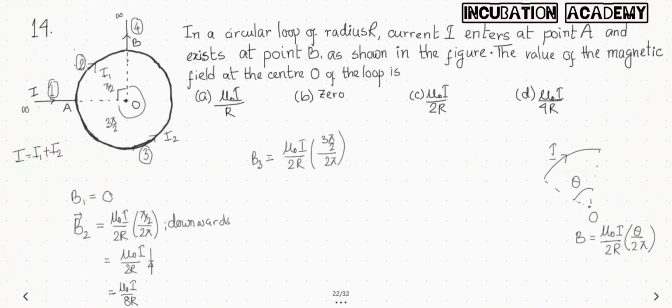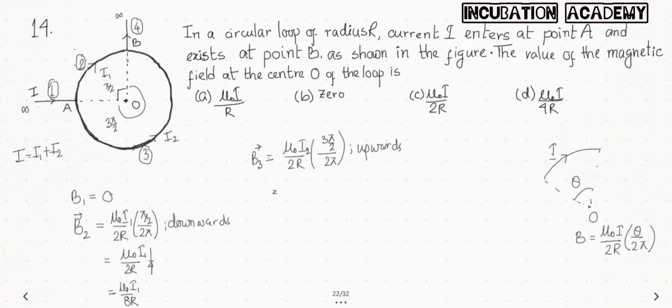Applying the rule for the direction of the current flow, the magnetic field is in the upward direction. One thing I forgot: the current here is I2, and in the B2 case the current is I1.